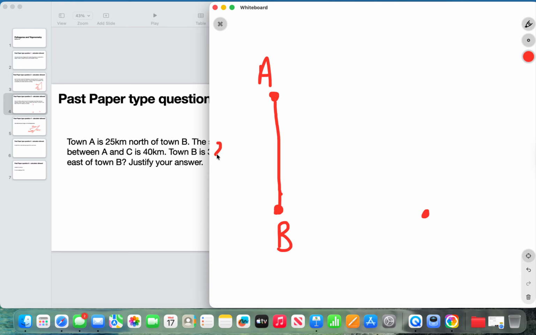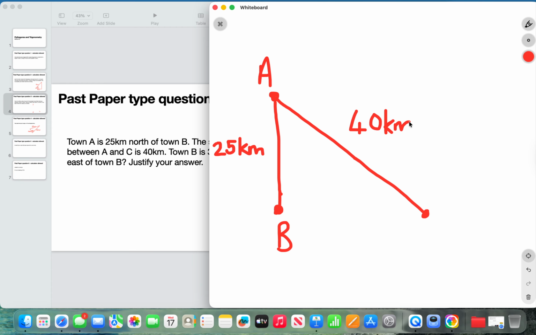Put in there 25. That distance is 40. And it asks us, is C due east of B?